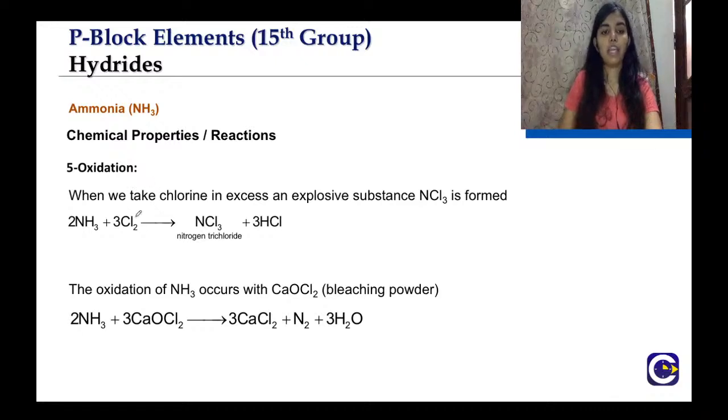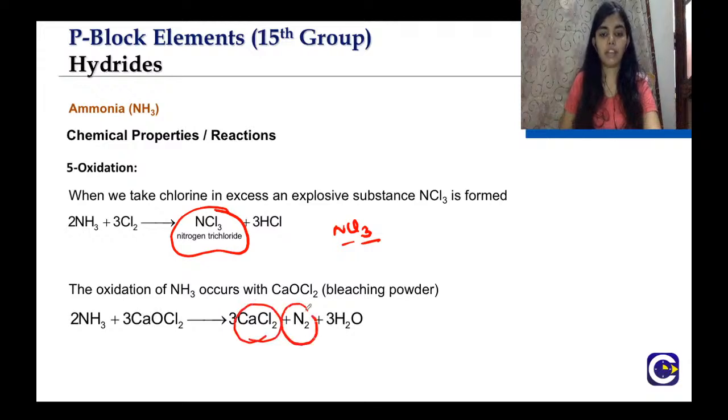When we take chlorine in excess and treat it with ammonia, an explosive substance known as nitrogen trichloride is formed. So NCl3 is a very explosive substance, right? And if you oxidize ammonia with bleaching powder, you will get what? Calcium chloride, nitrogen gas and water.